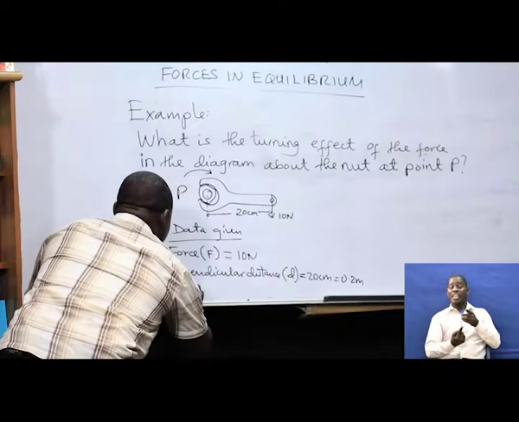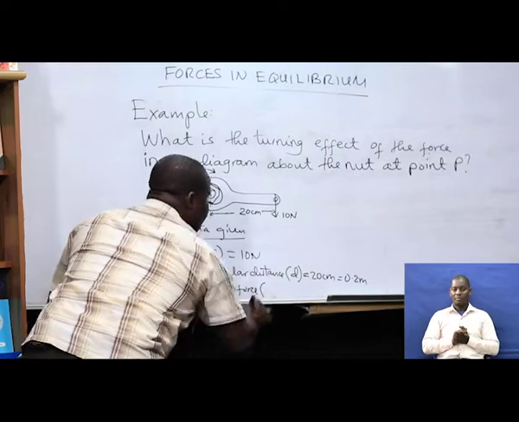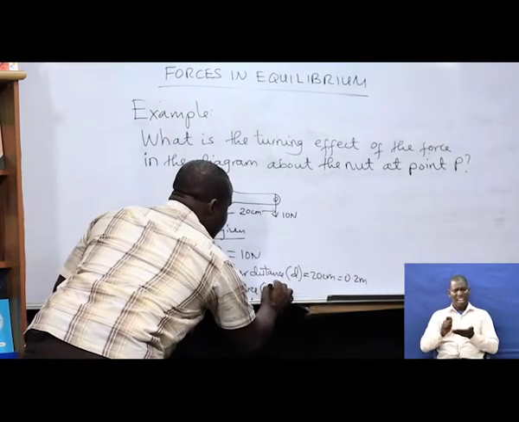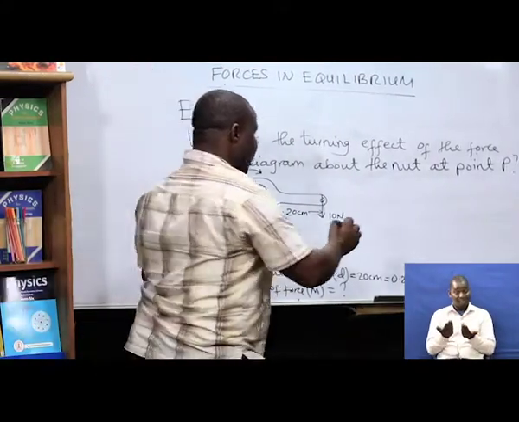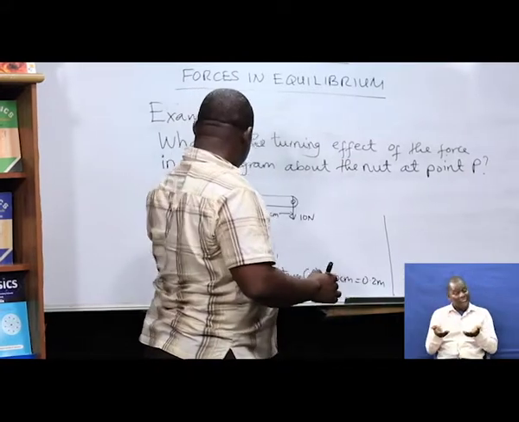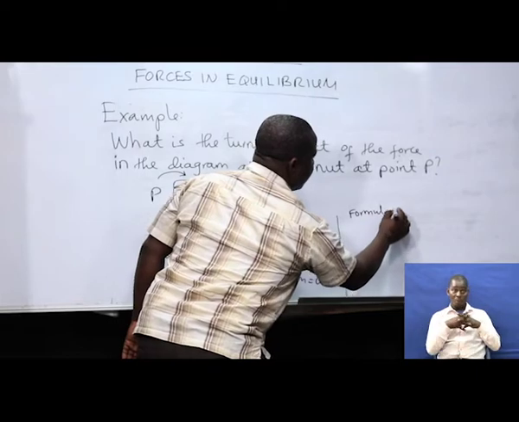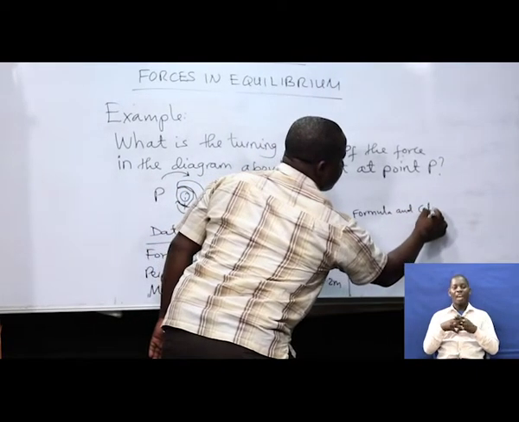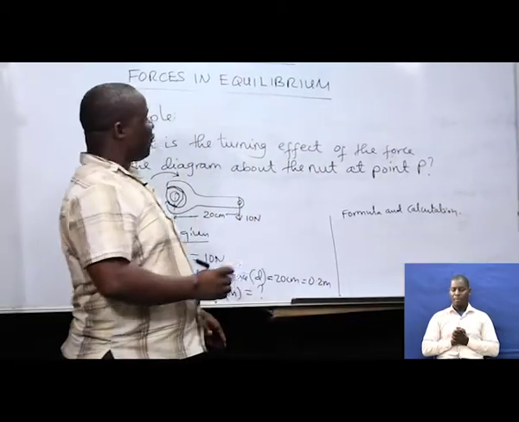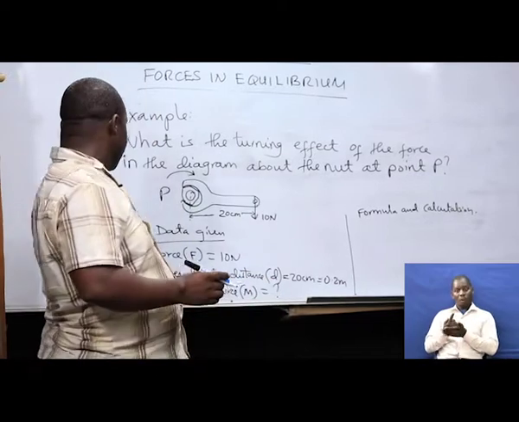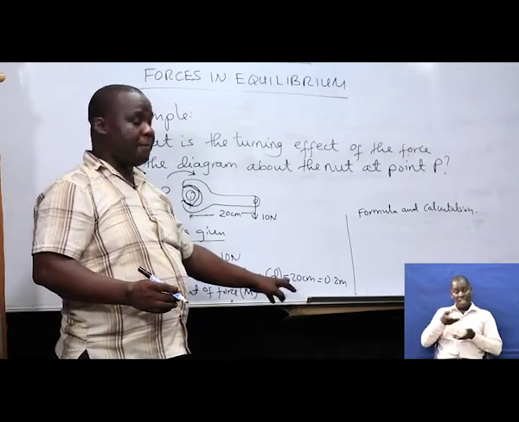Now, moment of force, we write its symbol as M, and it is the parameter we are finding here. So we can write a column for formula and calculation. From our discussions, the moment of force M is the product of the force and the perpendicular distance.